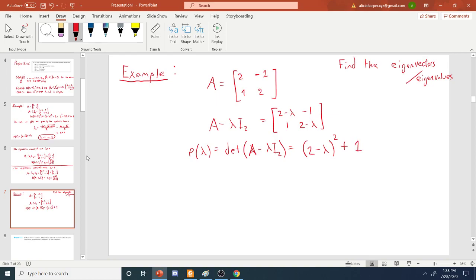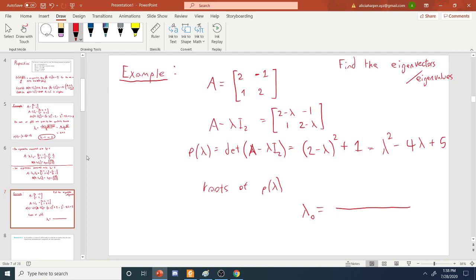And then I try to find the roots of p lambda. And again, I'm going to appeal to the quadratic formula. Let's expand this out. If I expand it out, I get lambda squared minus 4 lambda plus 5.